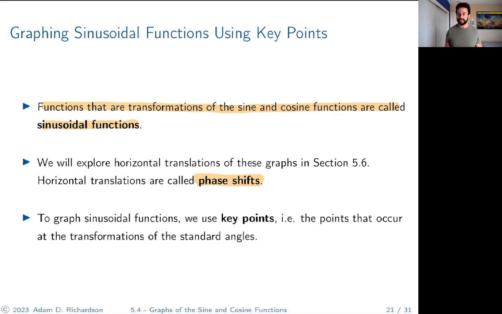So how do we graph these things? We're going to graph them by using key points. And what are the key points? The key points are basically the points that occur at the transformations of the standard angles. So if you know those standard angles, that's going to help everything out. That's all you really need to know, and we're going to tweak those.